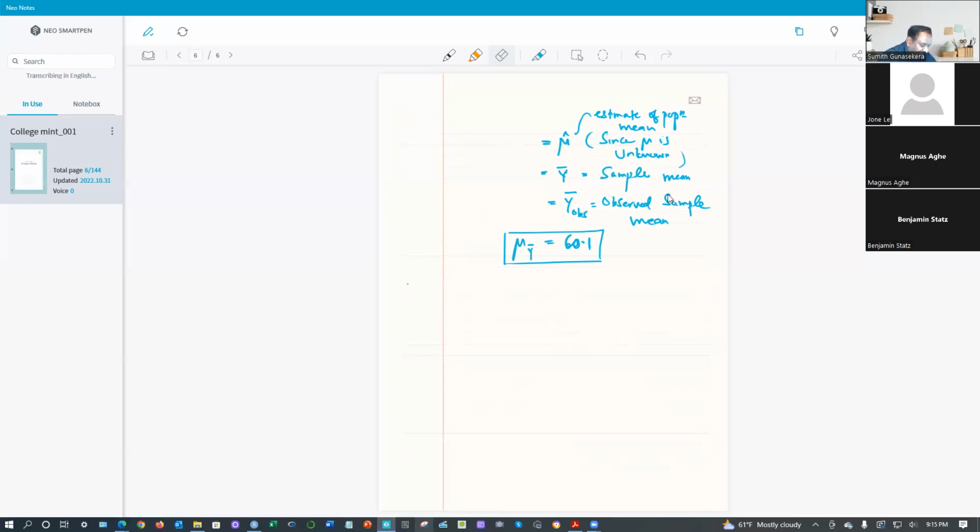60.1. In a similar fashion, I have to talk about its spread. Two things I have to talk about every time I draw the histogram.